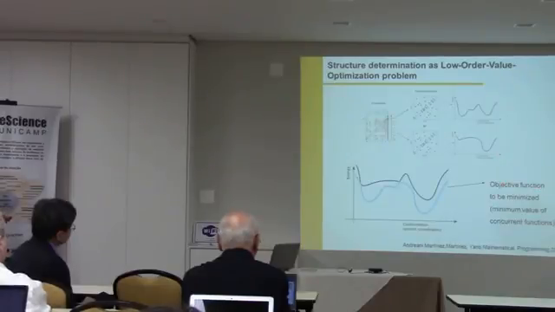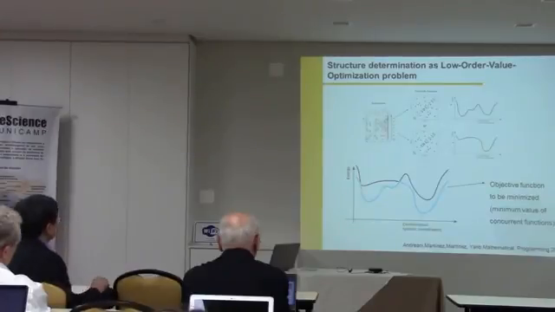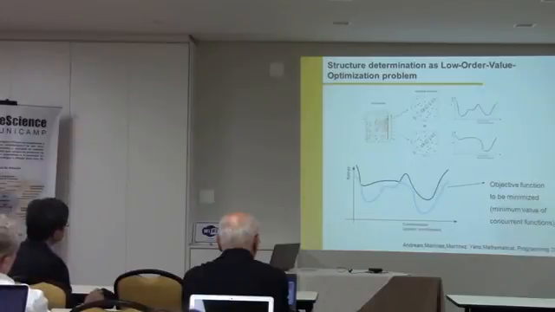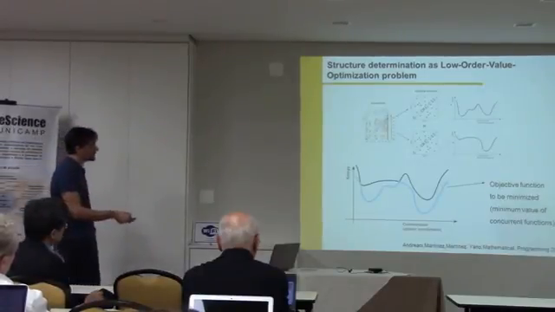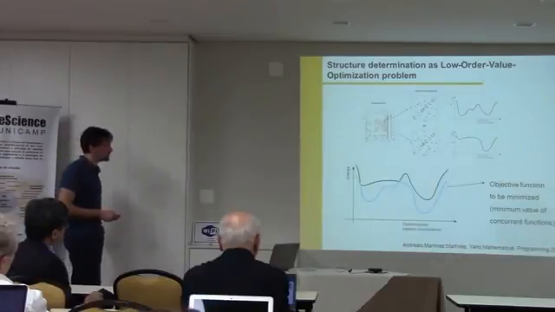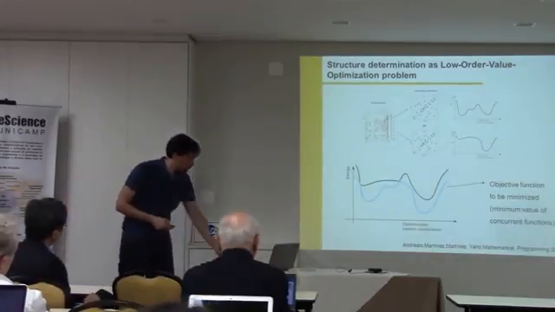So we have to obtain at the same time the minimum energy and the set of constraints that have to be satisfied at each point of the domain. So this is, again, a kind of problem that can be interpreted as a concurrent value optimization problem.